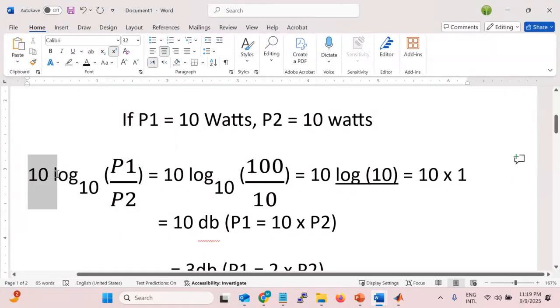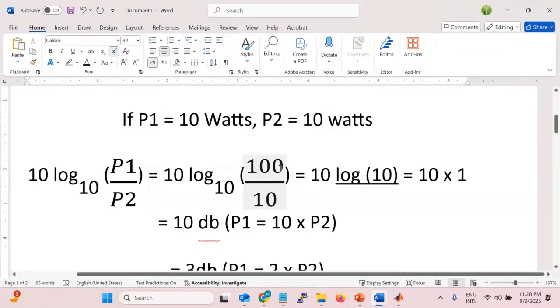I will take 10 log P1 divided by P2. So I'm measuring P1 with reference to P2, seeing the strength of P1 in dB in comparison to P2.